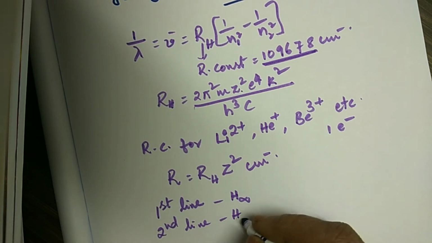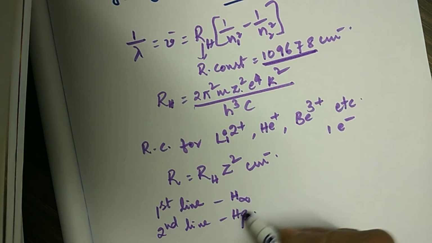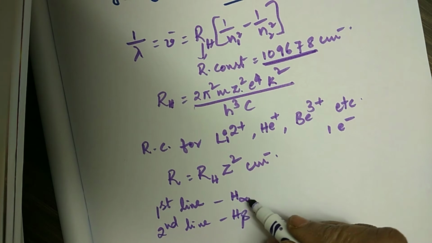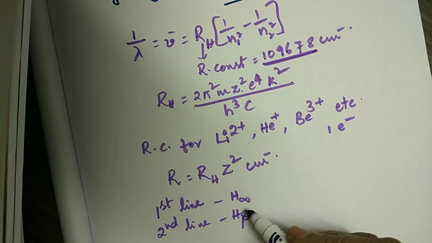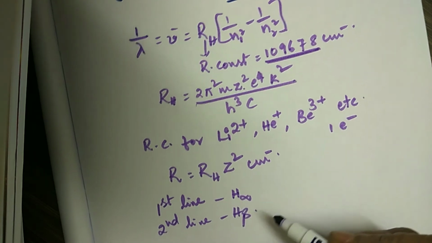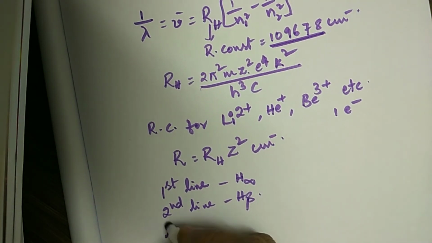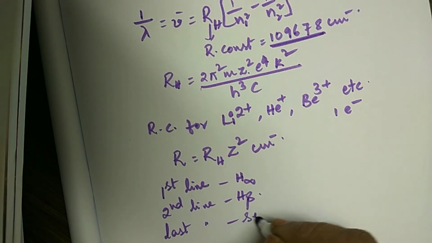It is denoted by H beta, H alpha and beta, right? In hydrogen, because we are studying only the hydrogen atom, it is denoted by H alpha, H beta, and the last line is known as the series limit.